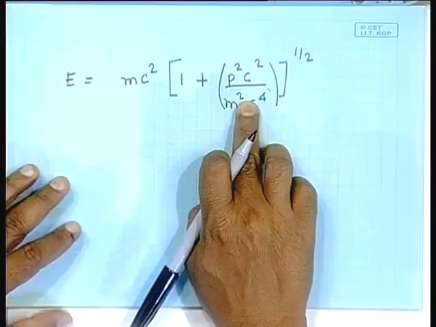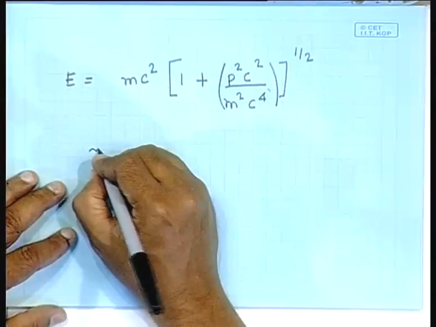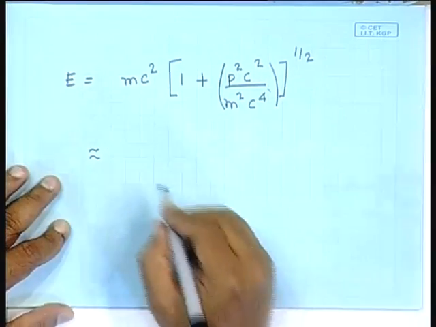If you assume that this number is very small, you can do a Taylor expansion and ignore all the higher order terms.